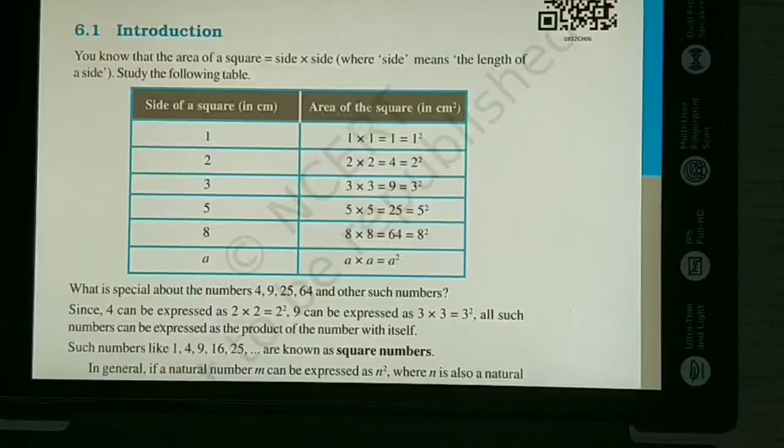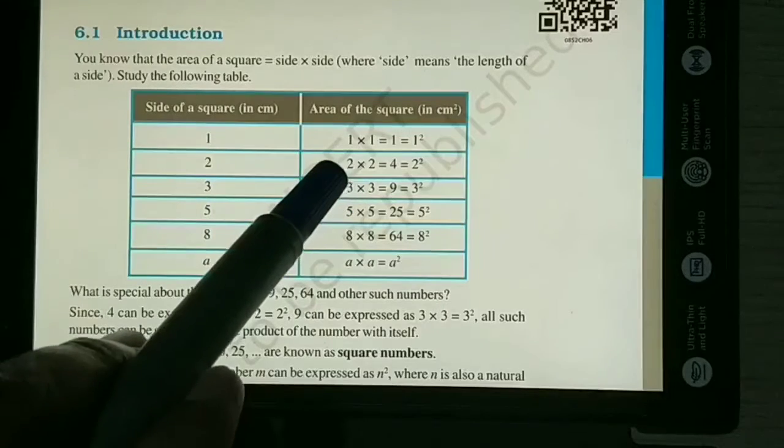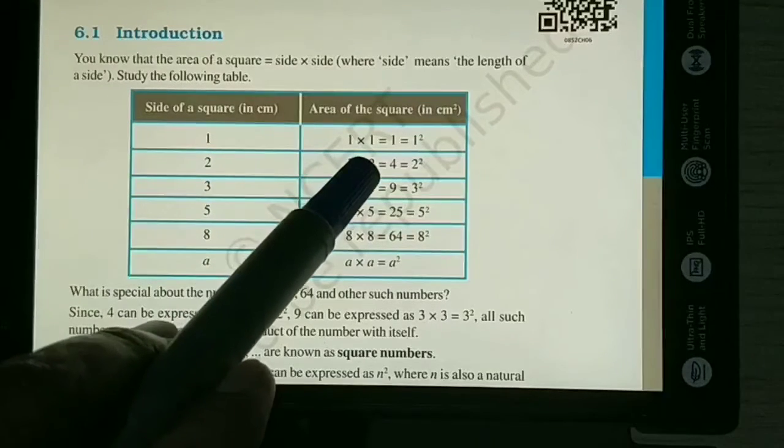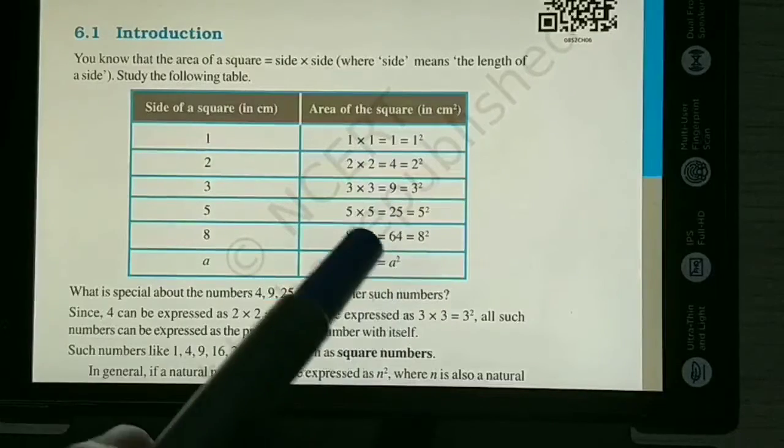If we observe, when the side of a square is 1 centimeter, the area is 1 into 1, which means 1 centimeter square.